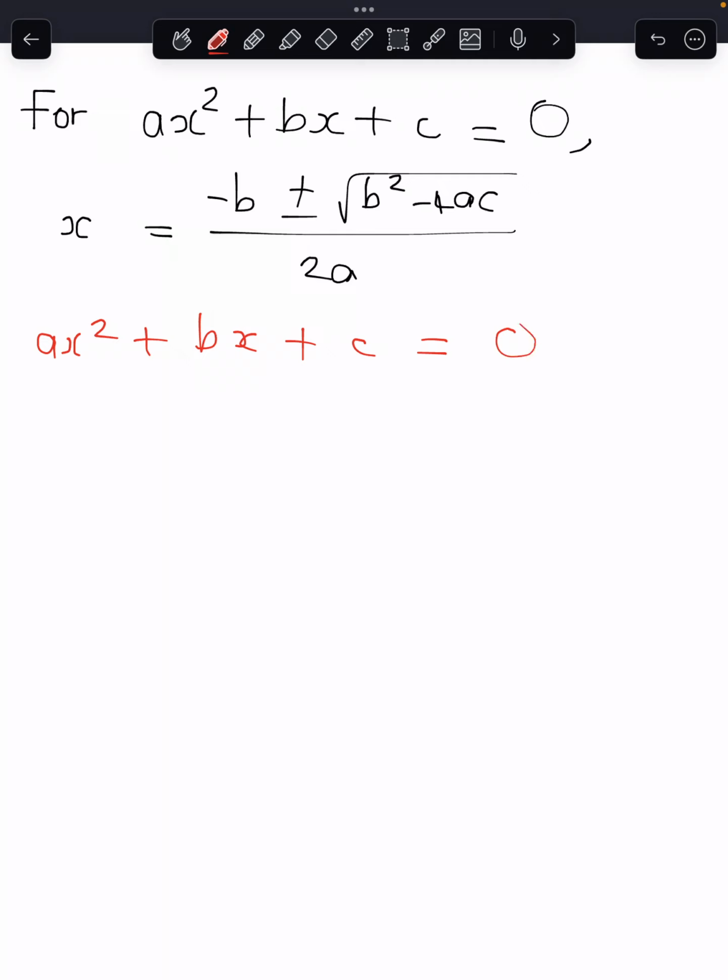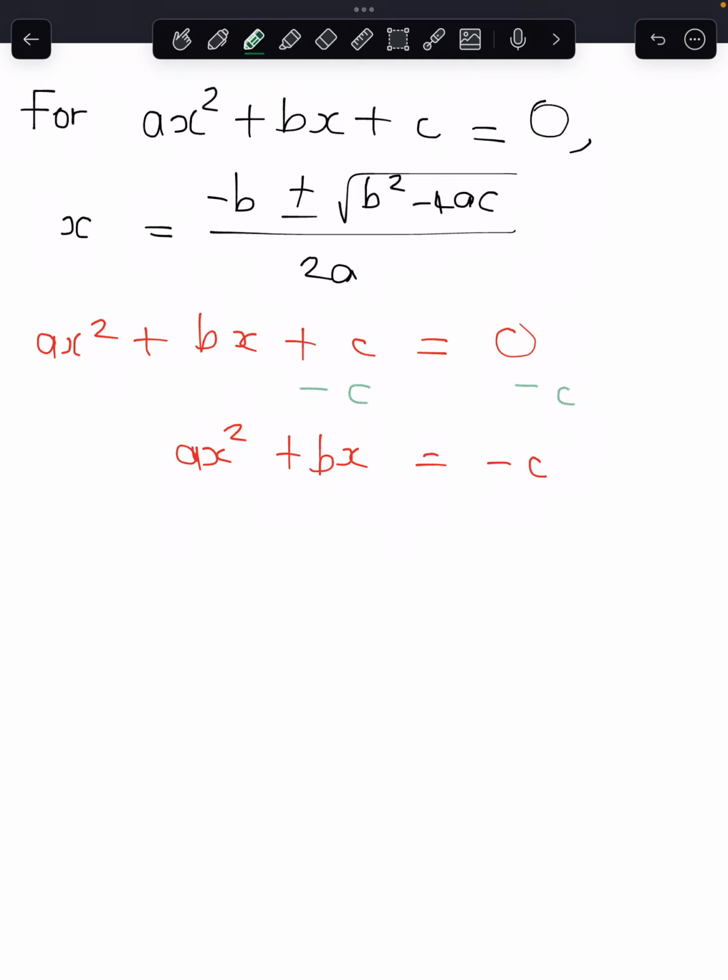Okay, so the first thing we know to do when completing the square is to, well, you could start in a couple of places actually. I guess you could subtract this constant from both sides. So then you just have ax squared plus bx is equal to minus c.